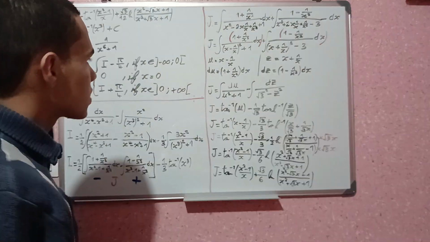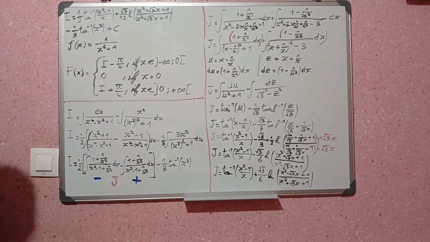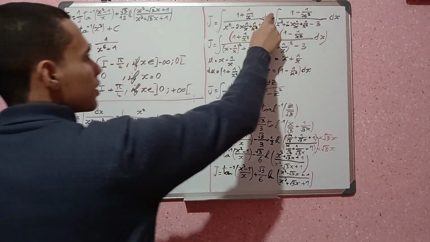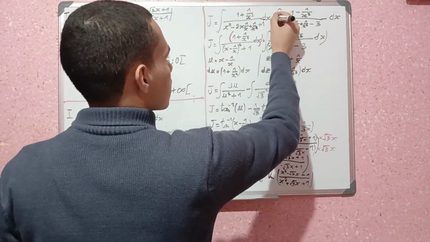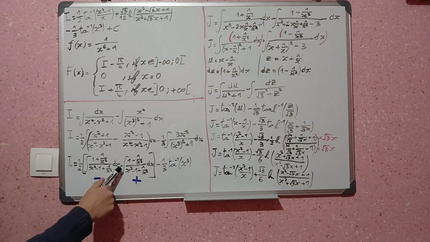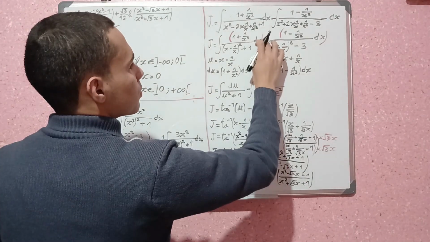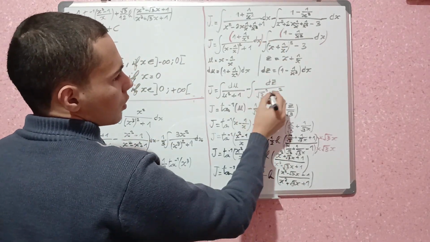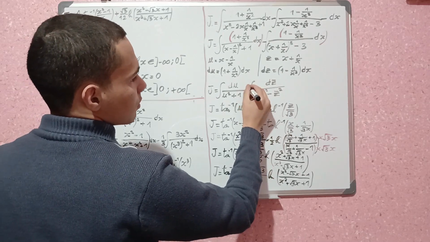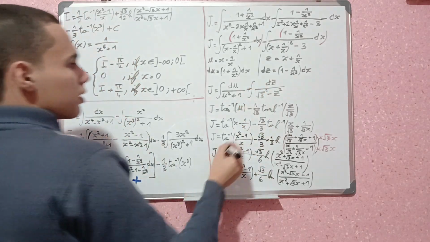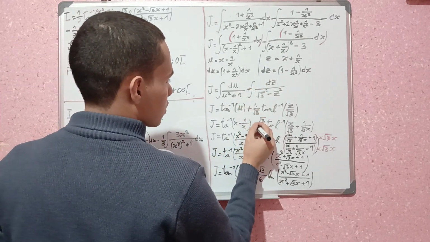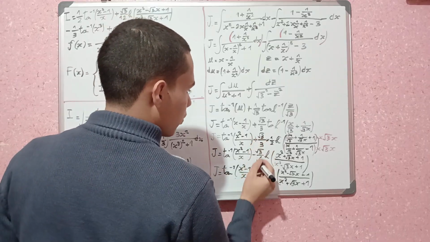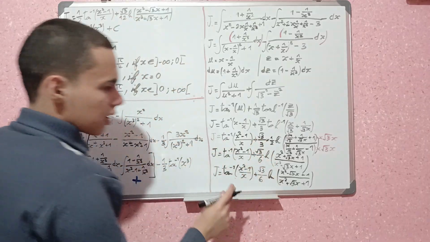Sorry for this mistake. I forgot to write the minus here. So this is minus from this. So this will become minus. And here, when you flip it, it becomes plus. So it's always plus, plus, plus, plus.